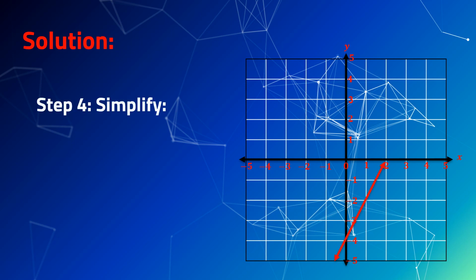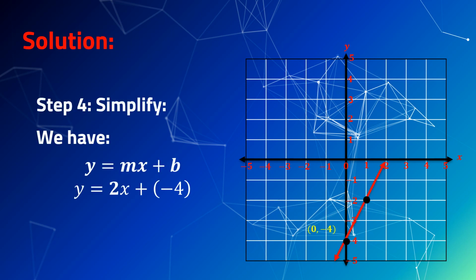To simplify, y is equal to 2x plus negative 4. Then the equation of that line is y is equal to 2x minus 4. And that is the equation of the line passing through the y-intercept -4 and with a slope of 2.